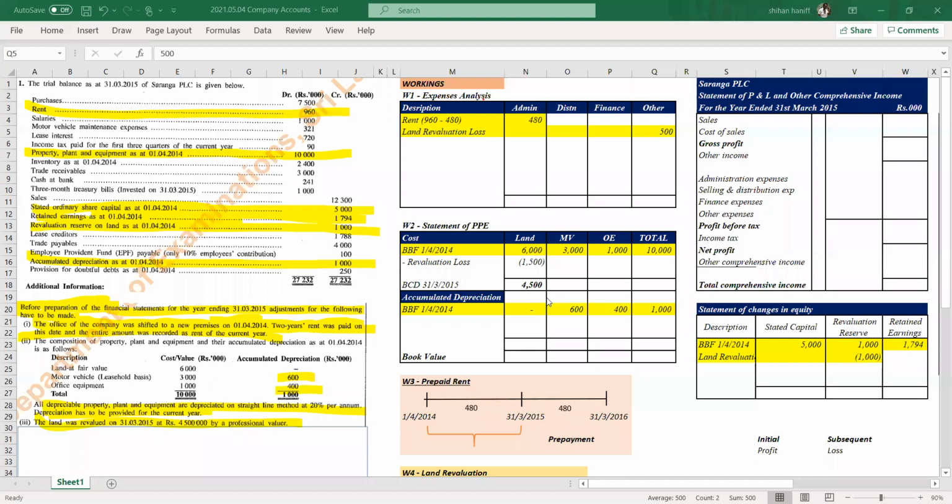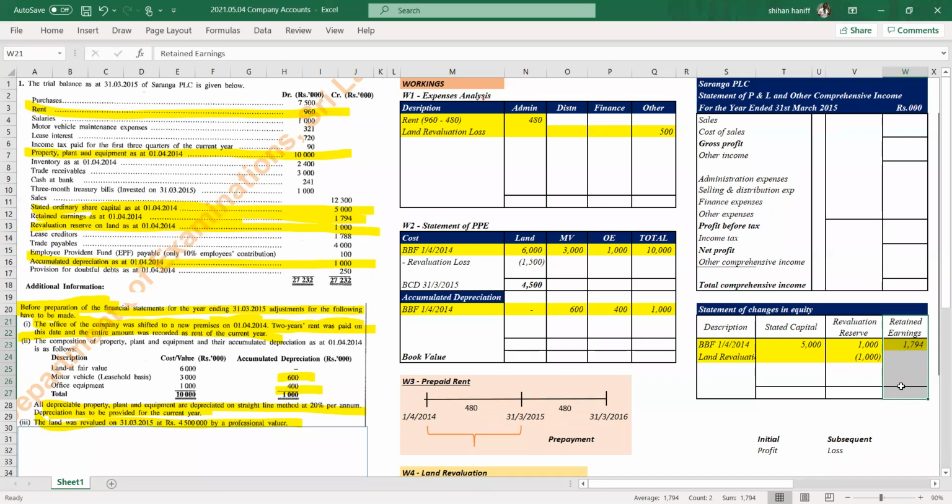There's another doubt. What is the difference between general reserve and revaluation reserve? General reserve means it is from the retained earnings. We reserve and keep for any specific purpose. That general reserve can be used for any purpose. It's a transfer of retained earnings to general reserve. But revaluation reserve means you revalue your asset.